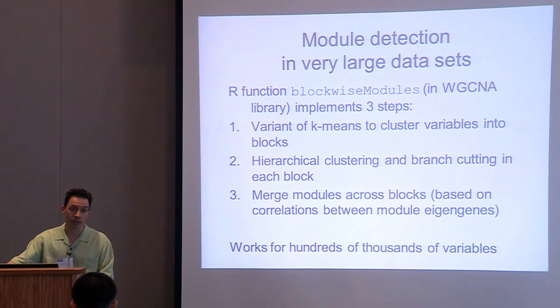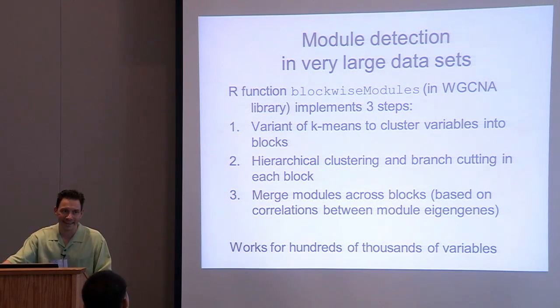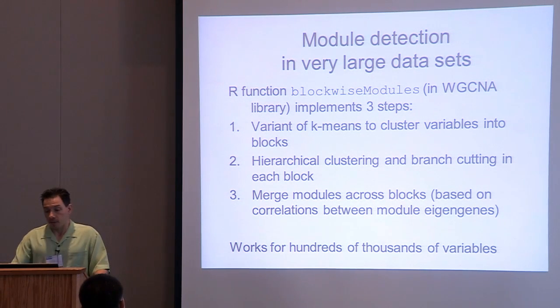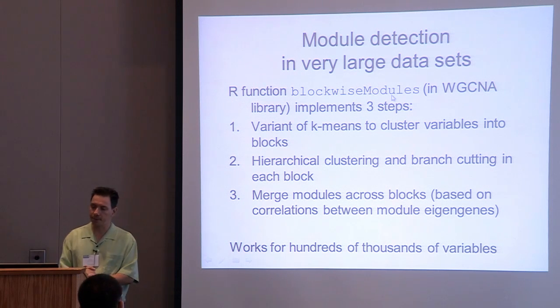But we, of course, apply WGCNA to data sets comprised of 500,000 variables using a laptop. How do we do it? Later in the course, you will learn an R function called blockwiseModules.